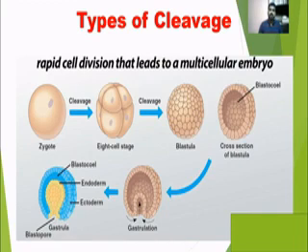This cell divides and redivides, and here is the formation of the blastula, then after the gastrulation process the three germ layers are produced, and after that the organ formation process goes on inside this zygote. So this is done by the process of cleavage or cell division.